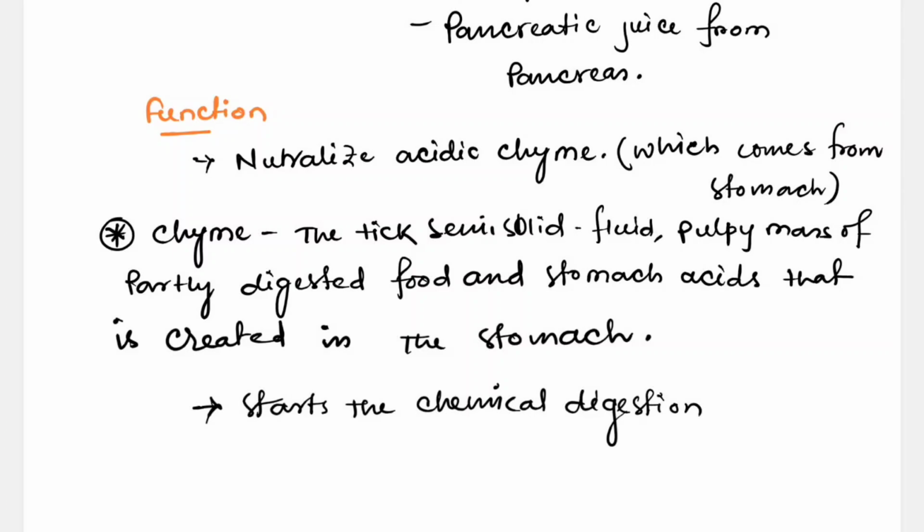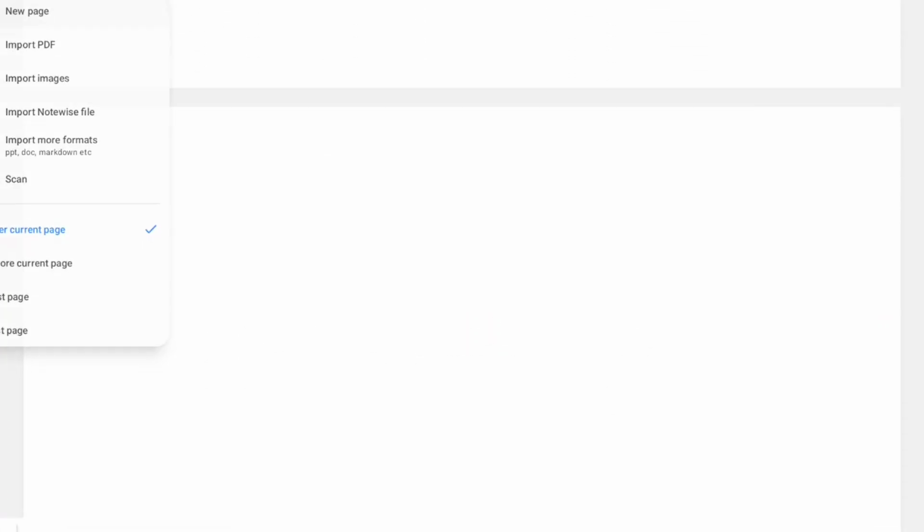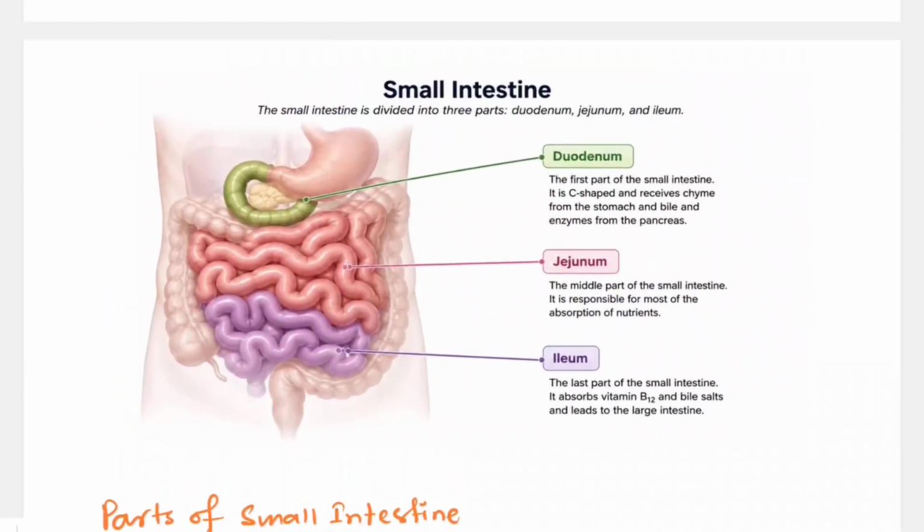Next, I will show you this photo. Here you can see the duodenum, this one, this C-shaped portion is called the duodenum. Here the color is already mentioned also. You can see this greenish colored bend is called the duodenum.